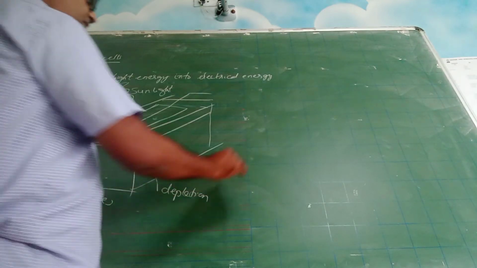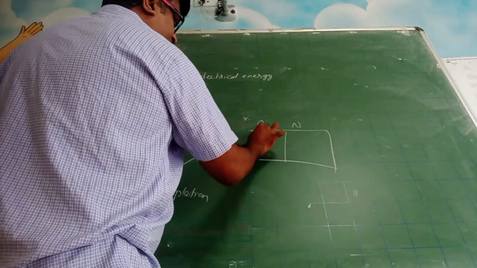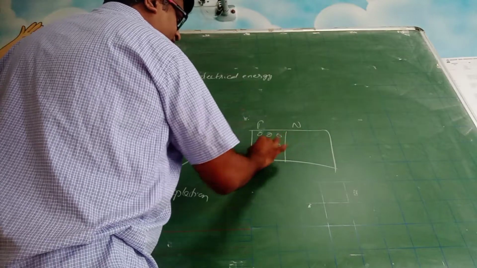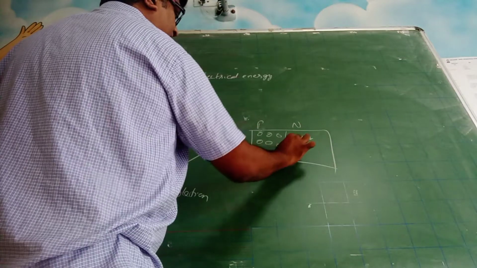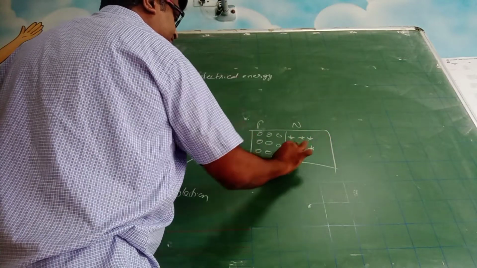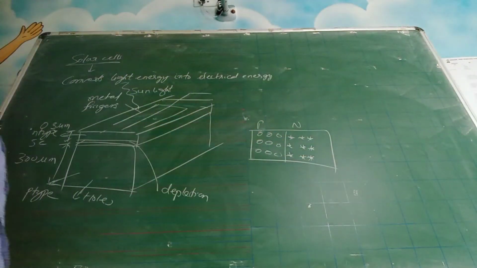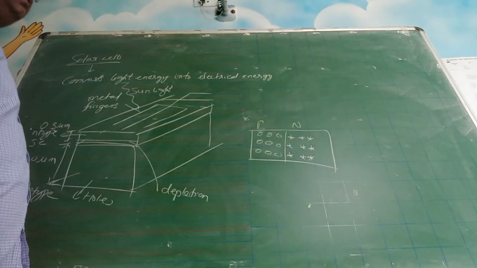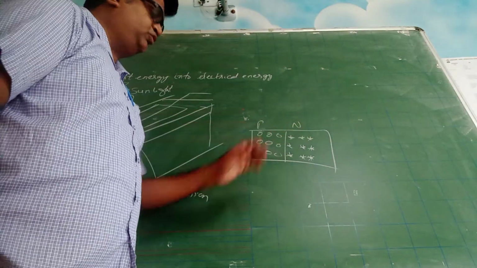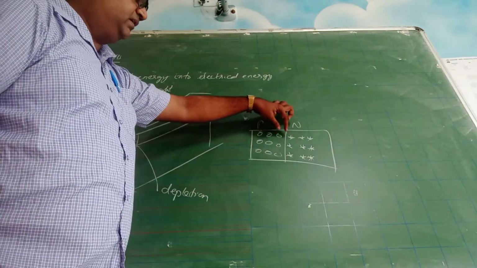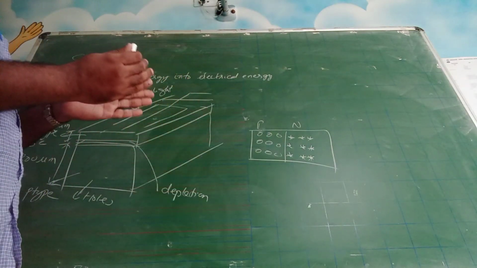Depletion layer means when you have this P-type and N-type like this, here there are more holes, and here, let us say, there are more electrons. I am showing you the different symbol. This is pentavalent, this is trivalent. So some electrons will fill these holes, right? These electrons will try to push over this side. In that process they will combine with the holes and just fill the hole.